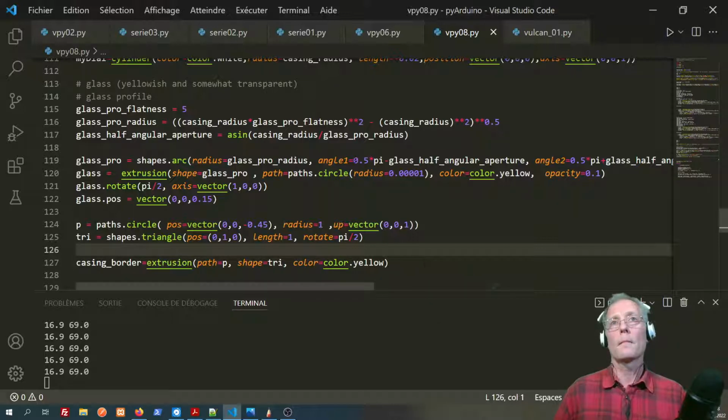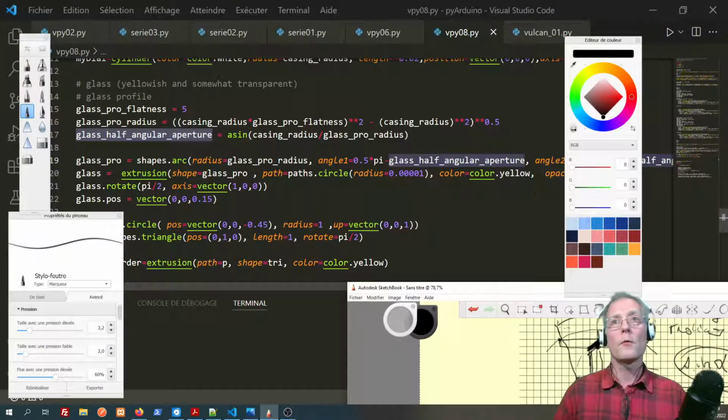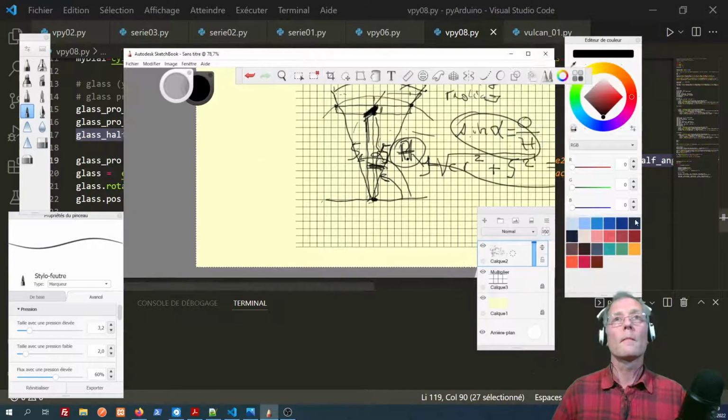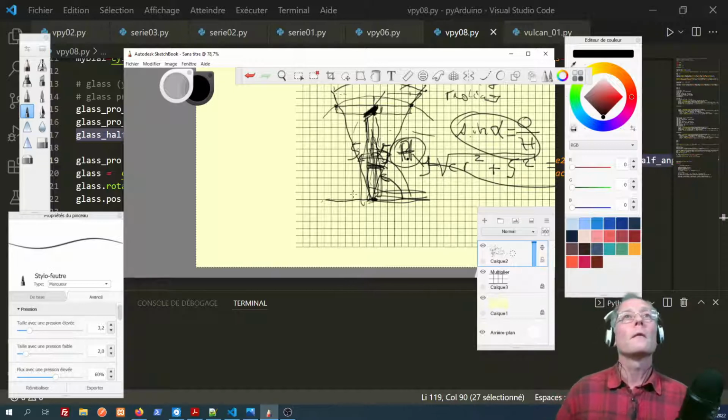So half pi minus glass half angular aperture. Half pi is this one, and you subtract half aperture and you get your angle. If you add a half aperture to half pi, you get the other angle.